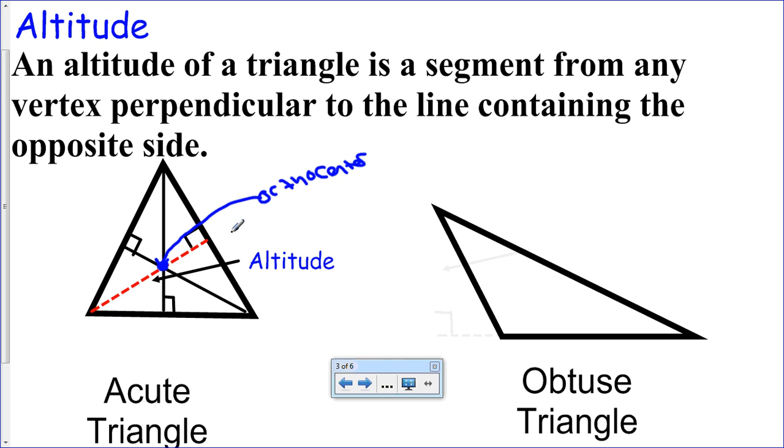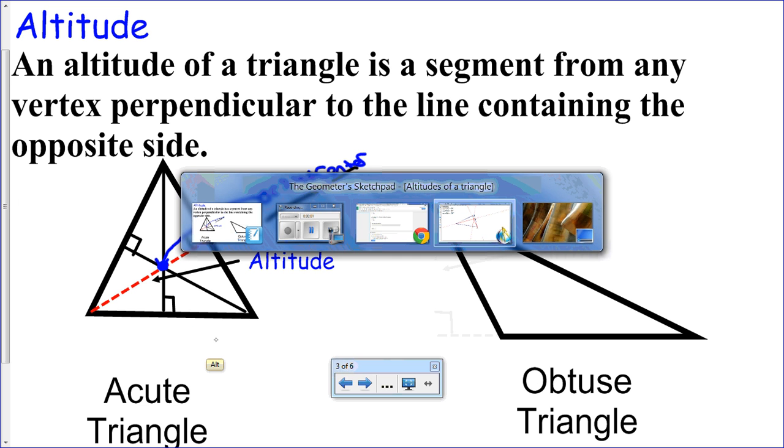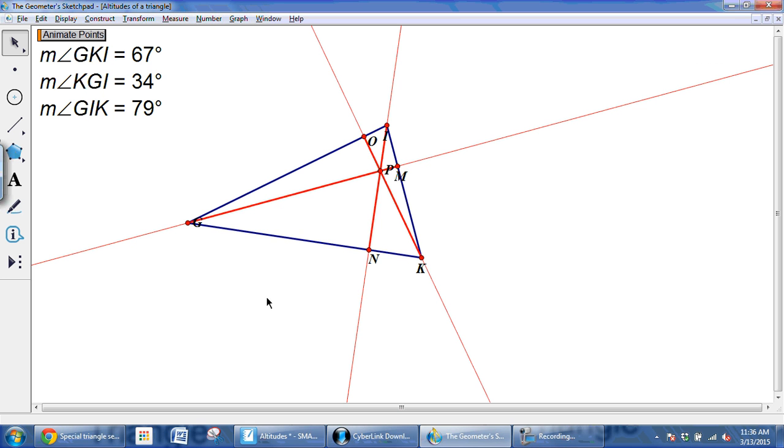As you could see, the altitudes of our acute triangle here intersect inside the triangle. So the orthocenter of an acute triangle is inside the triangle. And let's take a look at this animation I created here. This is also an acute triangle.